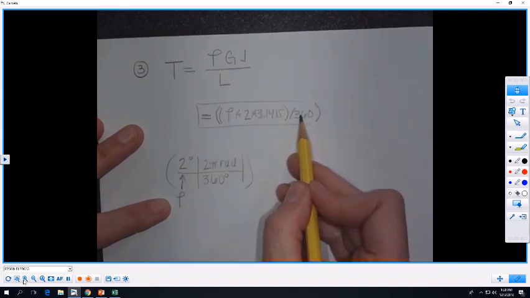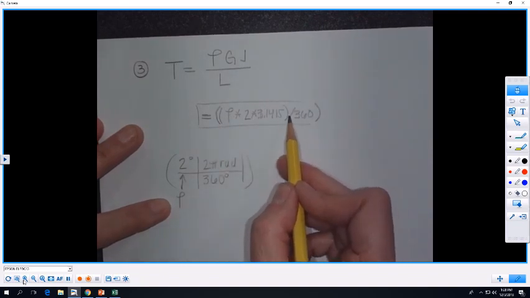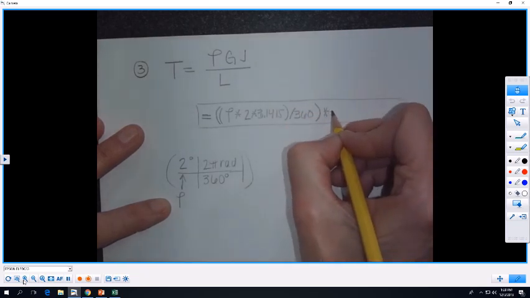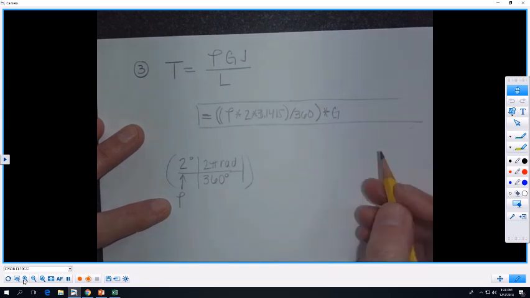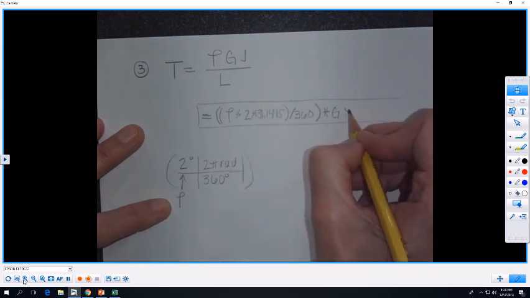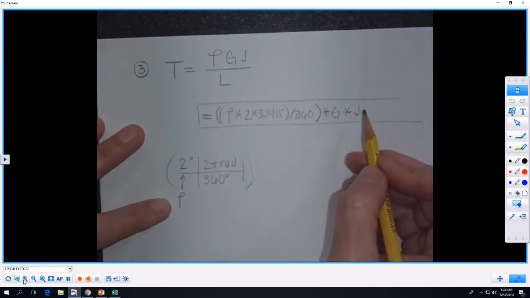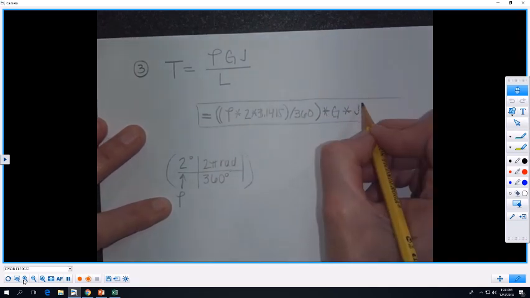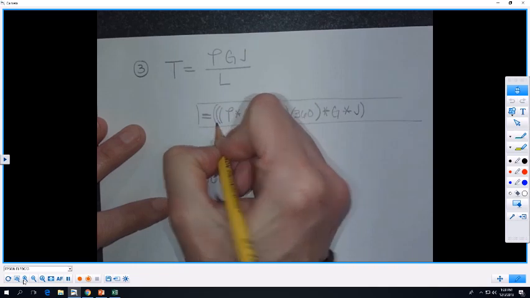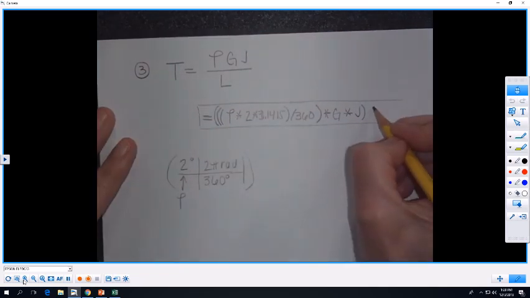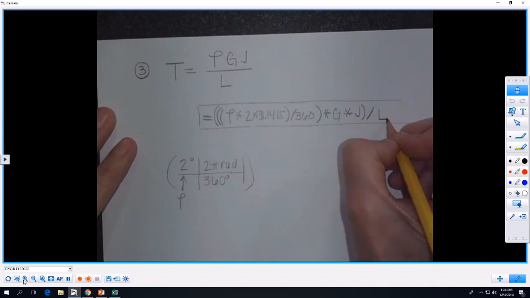This gets that angle into radians. We can't have degrees. Then we're going to multiply by G, then multiply by J. Again, G and J are going to be cell designations. This is my top line now, so I need one more parentheses, and then I'm going to divide by L.